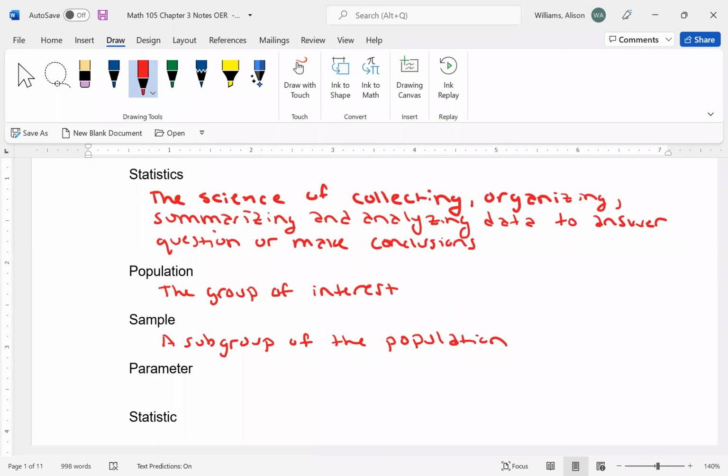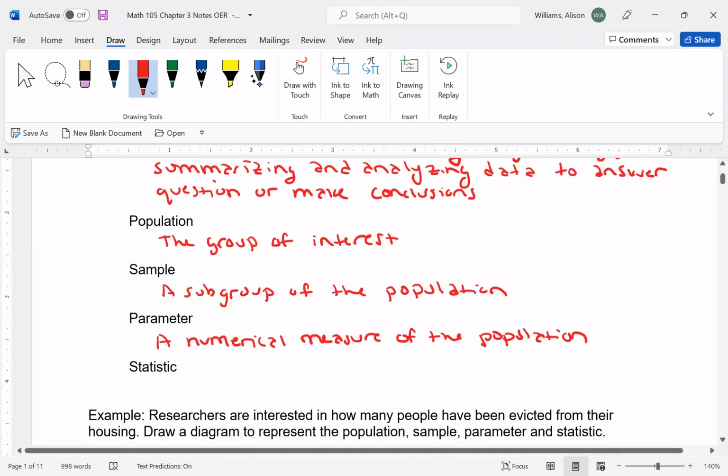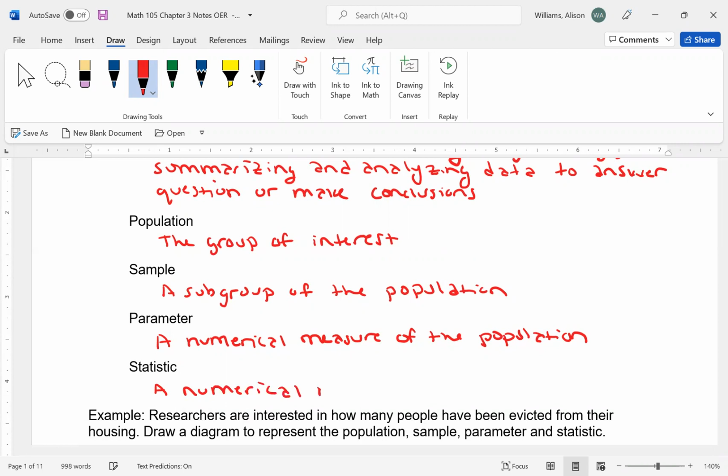Okay, so a parameter is a numerical measure of the population, or numerical summary of the population, like an average or a percent, or a statistic. So a statistic is a numerical summary of the sample, or a numerical measure of the sample.